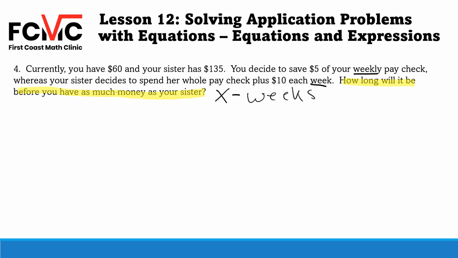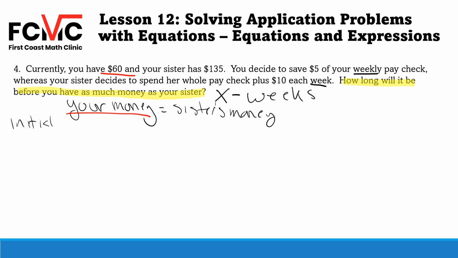And we want to know how long it will be before your money equals your sister's money. So let's think about what money you have. You have $60. So that's your initial amount, and your sister's initial amount is $135.